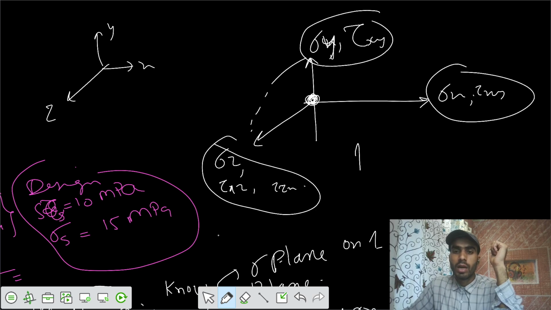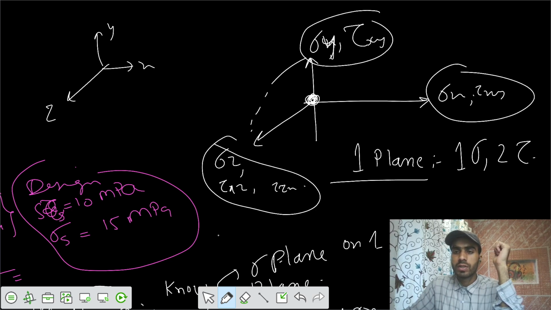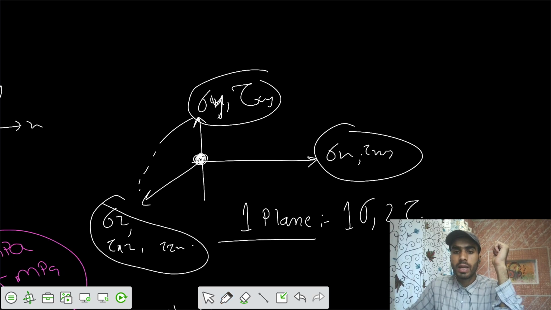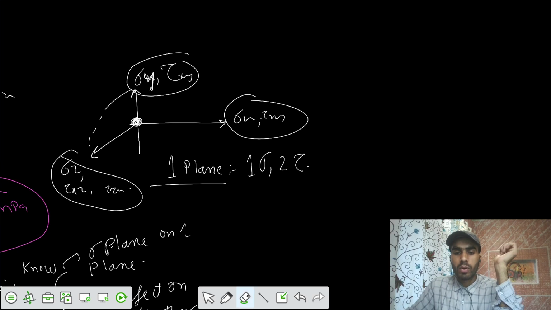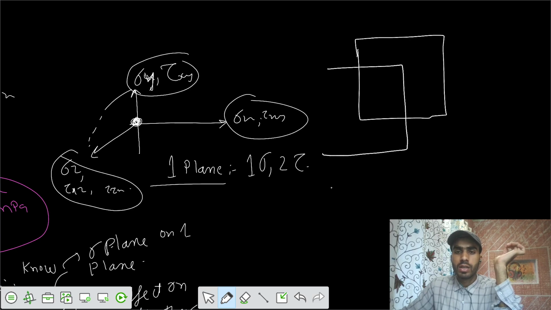We know that one plane carries one normal stress and two shear stresses. Similarly, if you have three planes, we can show it by a cuboid. That's how that particular point is represented by a state of stress.